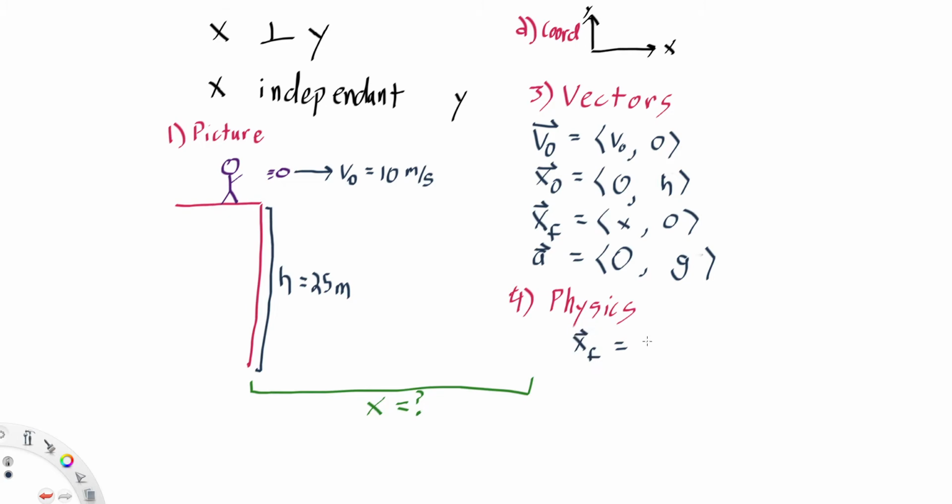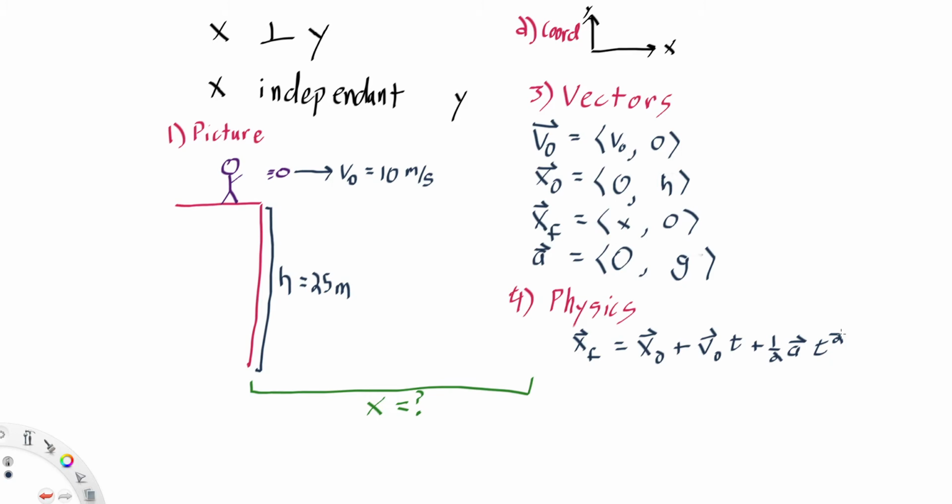So our final position is going to be equal to our initial position plus our initial velocity times time plus 1/2 acceleration times time squared.